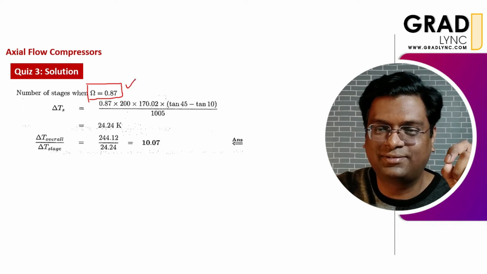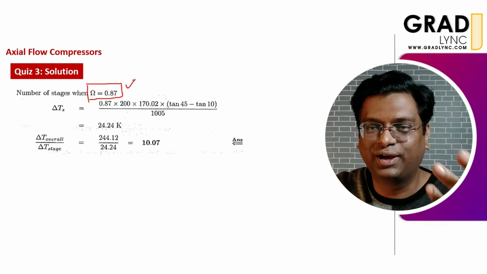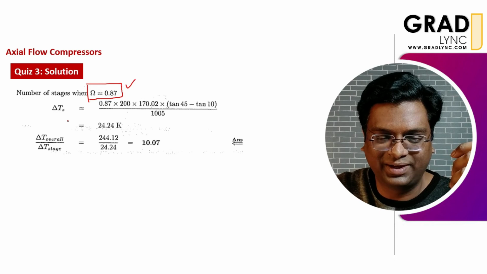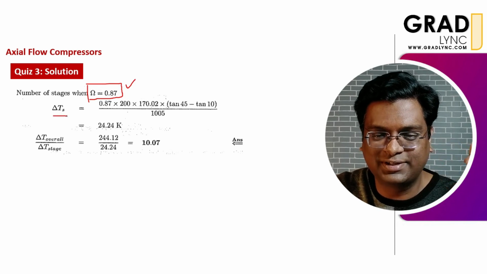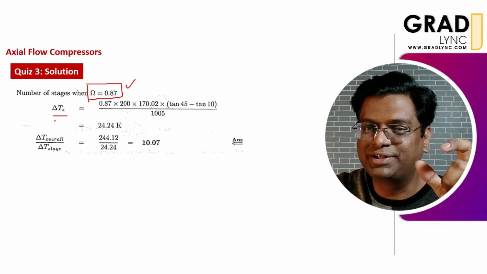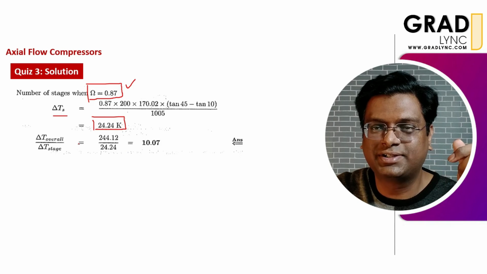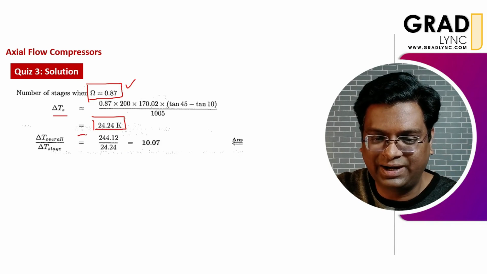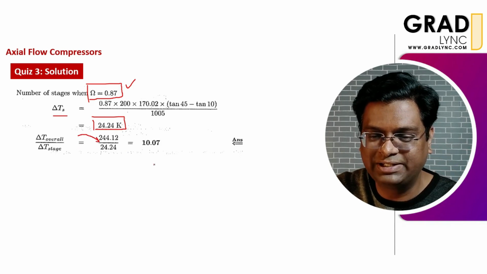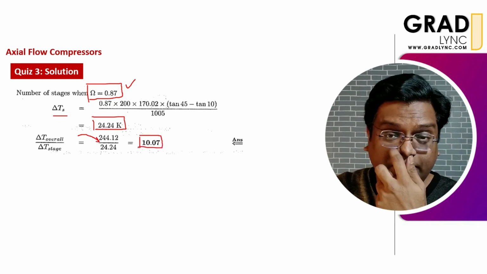So assuming it to be 0.87 is a good assumption. Right? So then again we will follow the same procedure. Temperature rise in each stage, we got it as 24.24, and the overall temperature rise will remain same, and if I divide one by the other, I get the number of stages as 10 stages, right?